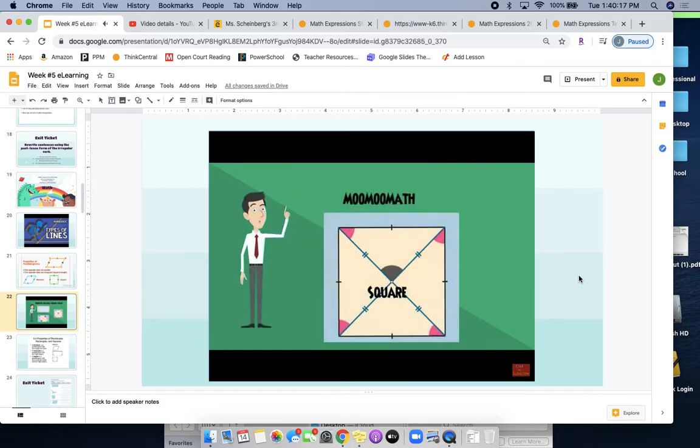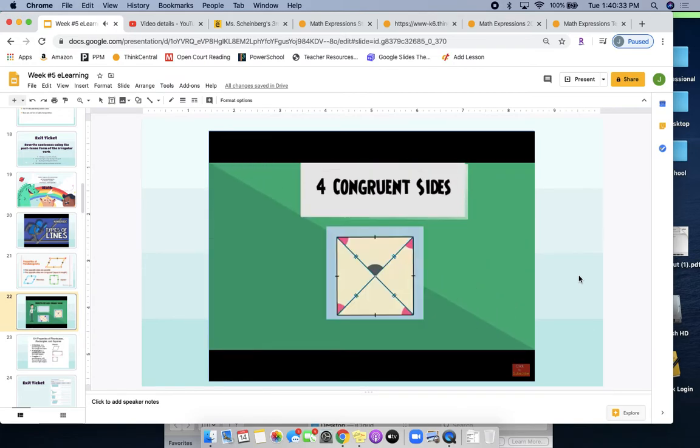Hello, welcome to Moo Moo Math. In this video, I'd like to talk about the properties of a square. A square is a plane shape. It is a quadrilateral that is 2-dimensional, so it has length and width, but no height. A square has 4 congruent sides, 4 equal sides.